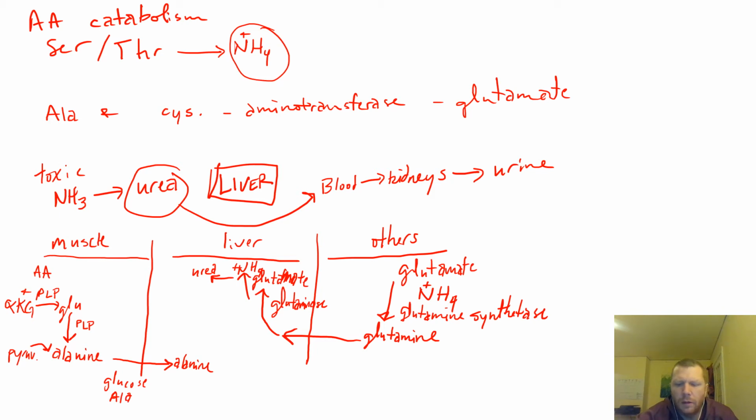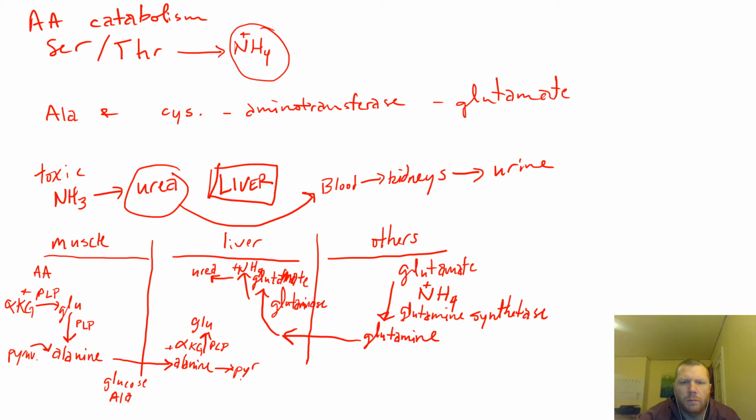Okay, that alanine in the blood, in the liver, will then undergo another PLP dependent transamination reaction, and we're going to input alpha ketoglutarate to produce glutamate, and from this alanine we'll produce pyruvate.